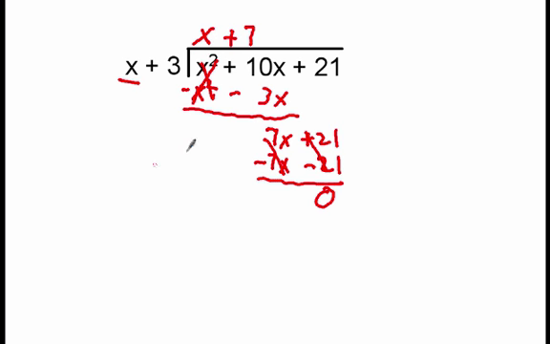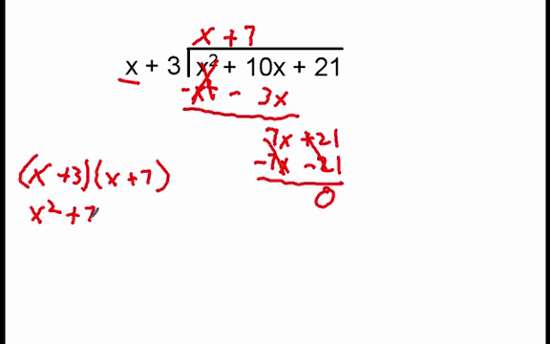7. Just like before, we can check our work by taking our result here and multiplying it by our denominator out here. So if we say x plus 3, times x plus 7, if we do this multiplication, x times x gives us x squared. x times 7 gives me 7x. 3 times x is 3x. 3 times 7 is 21.